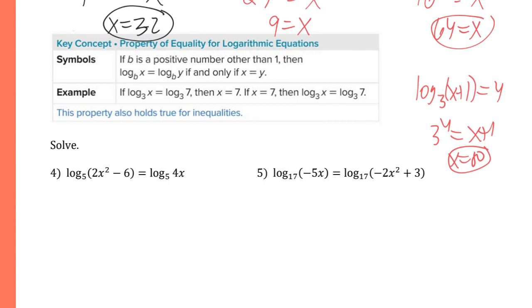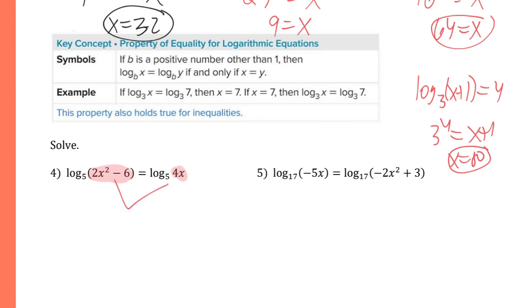If you look at this, you can say, hey, if I've got log base 5 of 2 arguments equal to each other, if this is a true equation, and all I have is a log on each side, well, then that means that these arguments have to be equal to each other. You see that? So if I just have the log of the same base on each side, I can set their arguments equal to each other and solve the resulting equation.